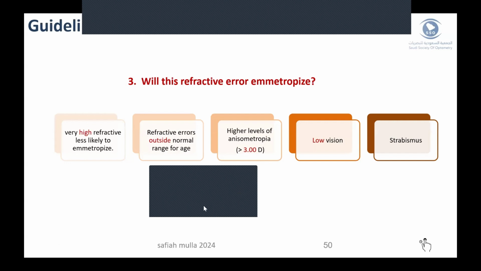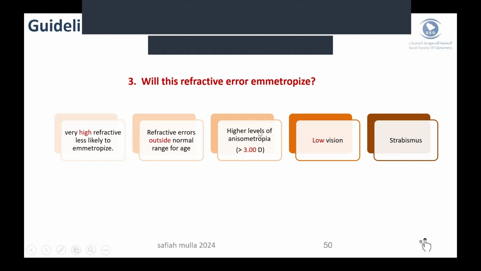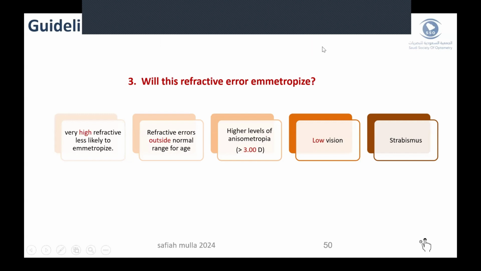We can take our treatment or management plan according to the findings. So we're going to talk about this, but I'm saying that when you do your refraction and you find one of these, then you know that the child's refraction will not emmetropize in a proper manner.